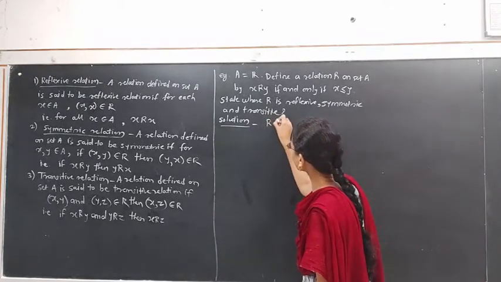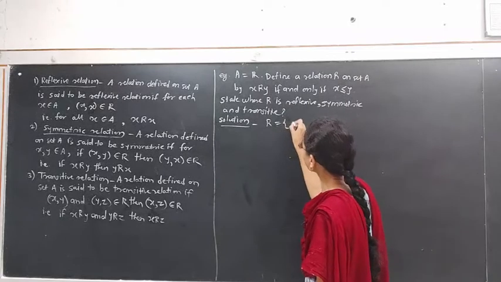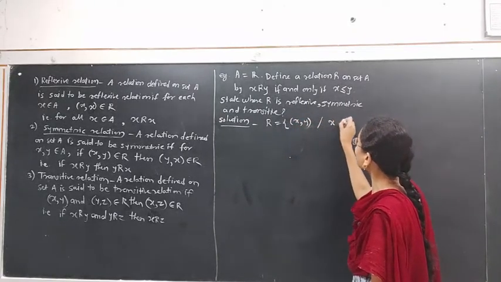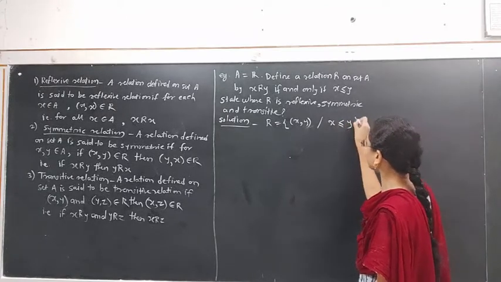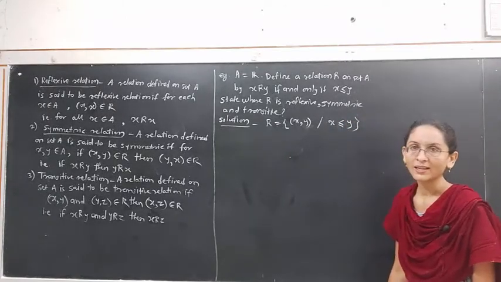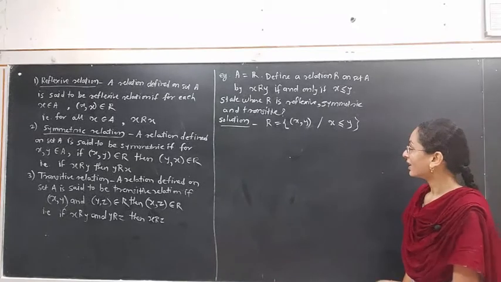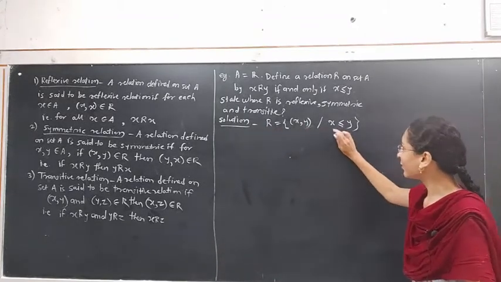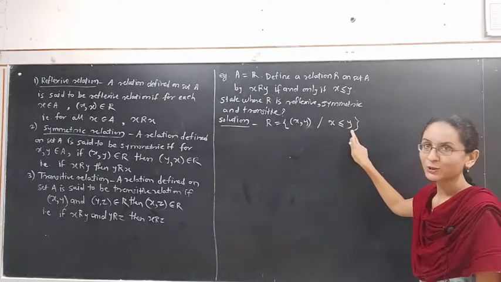Define the relation R on set A as the ordered pair (x, y) belongs to R where x is less than or equal to y, and x and y are real numbers. This pair belongs to set R if and only if x is less than or equal to y.